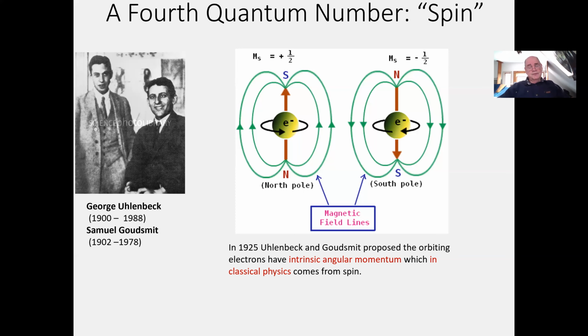It would act like a little magnet, and that's what you see in this experimental evidence, that it only has these two values, because the electron can spin basically clockwise and counterclockwise. This was their theoretical idea, and this led to the fourth quantum number, when Pauli finally gets his hands on this and agrees to it.